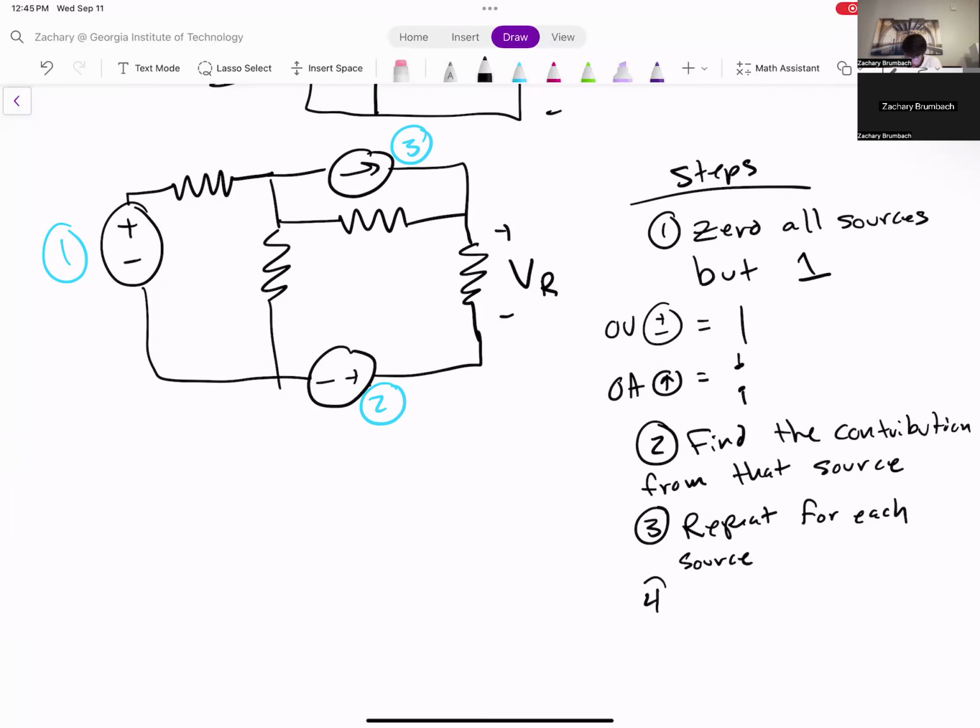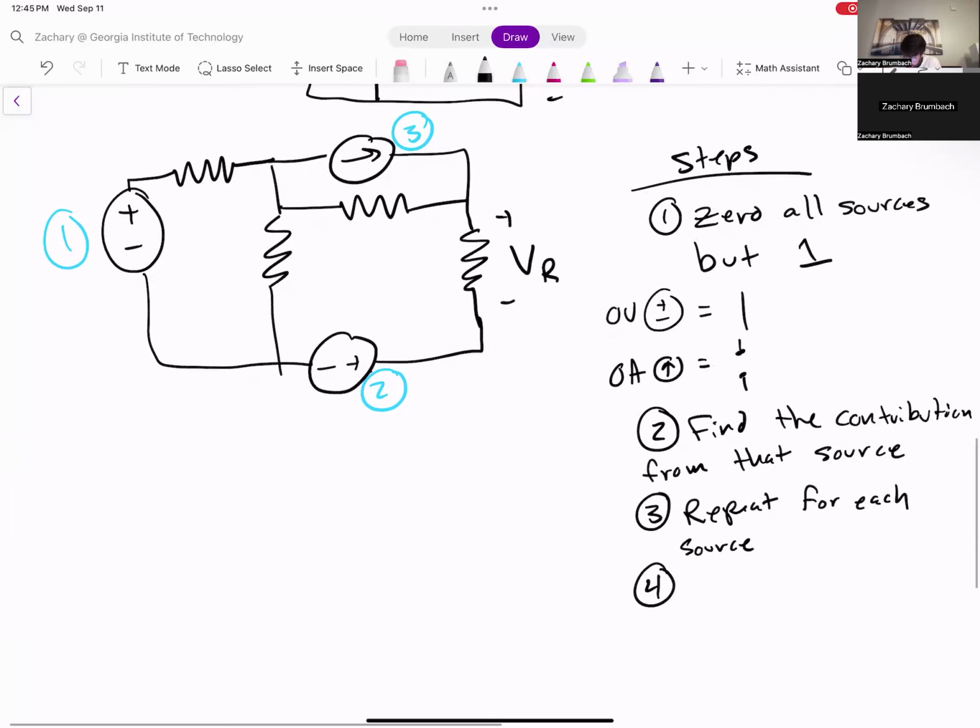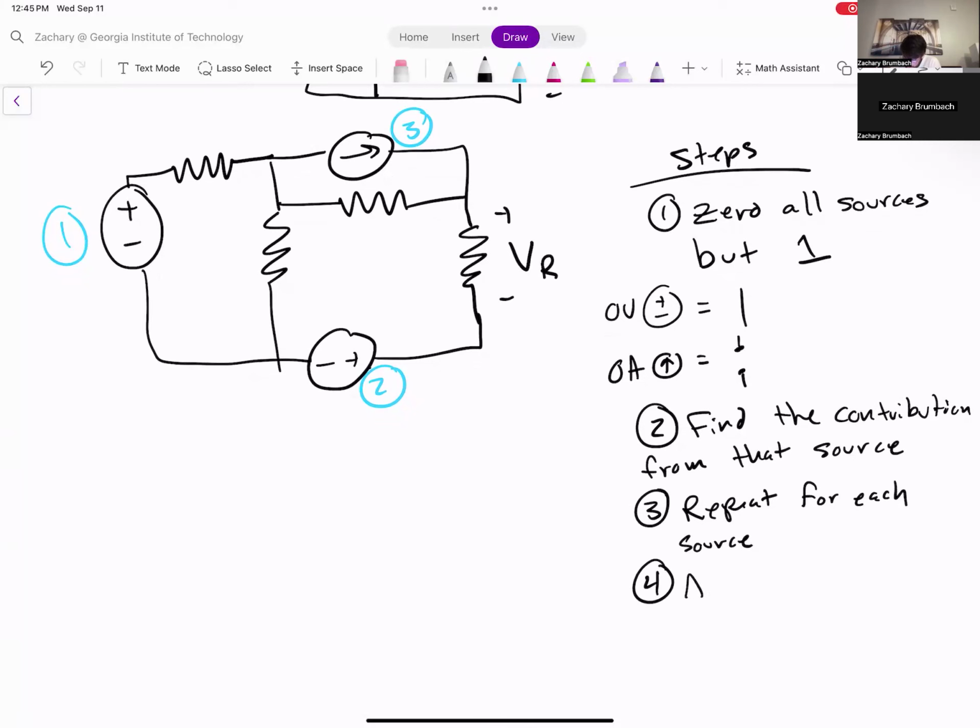And step 4 is where we superimpose using linearity. And we add contributions to get the total. These are usually voltage or currents, V or I, whichever one they're asking. Remember, knowing Ohm's law, you know one, you need the other.